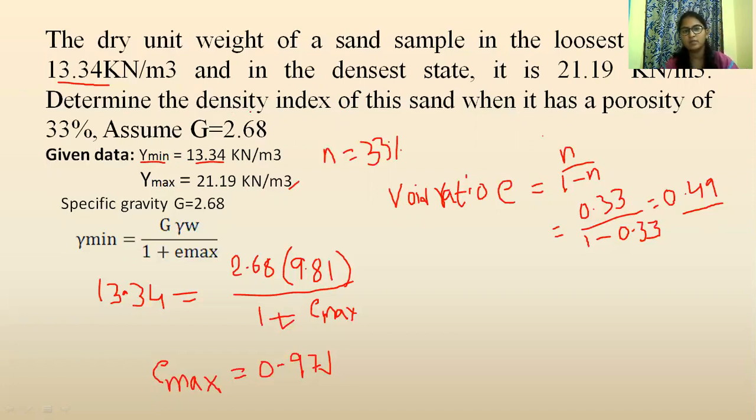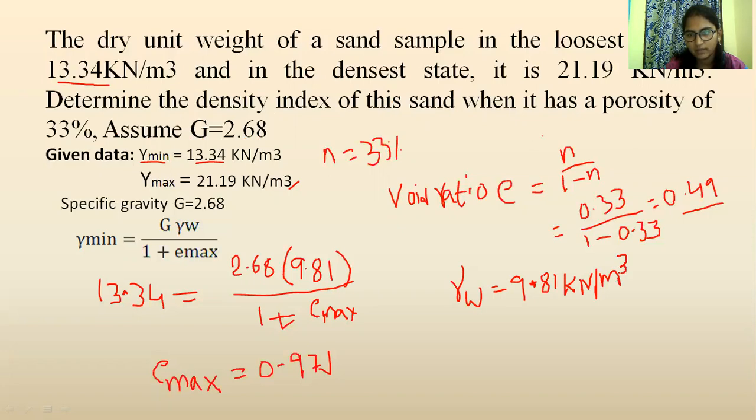Now determine the density index for this sand when it has a porosity of 33%. Assume G is equal to 2.68. In some cases the unit weight of water is given in the problem, otherwise we can take gamma w as 9.81 kilonewton per meter cube.